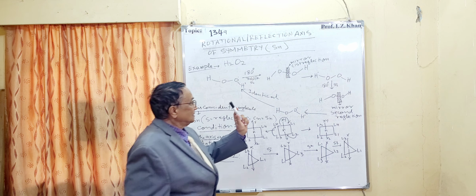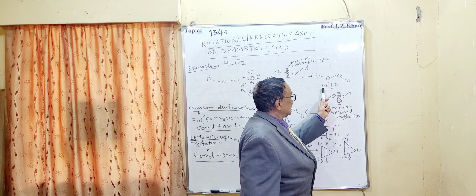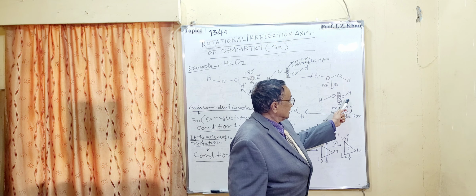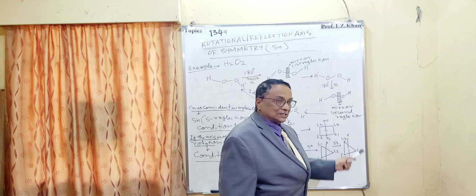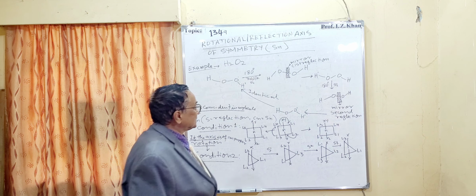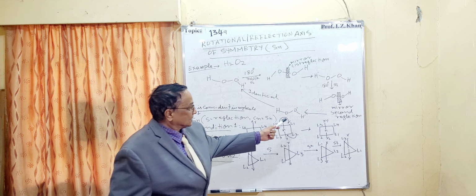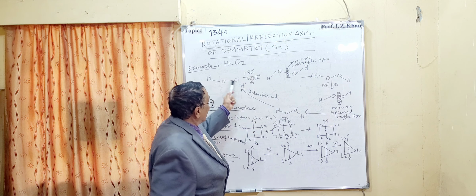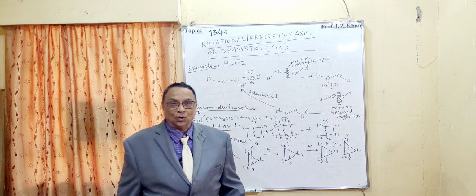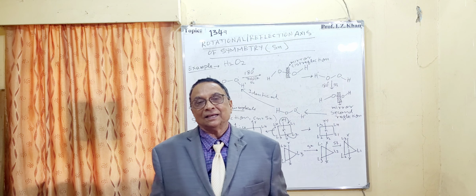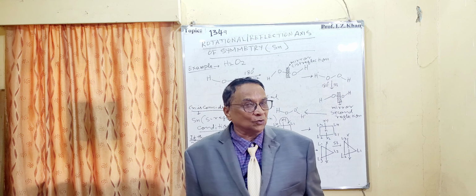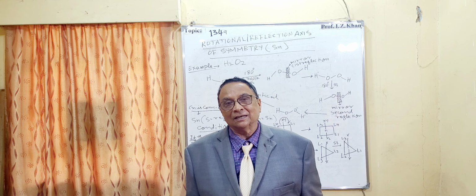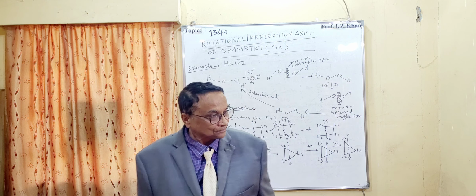And again the second rotation, S2, that is 180 degrees, you will get this condition, and then again the second reflection. After the second reflection you get this structure, and this is identical to the first one. So it shows that this H2O2 molecule follows the rotational and reflection symmetry element.